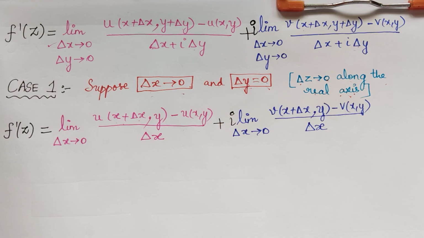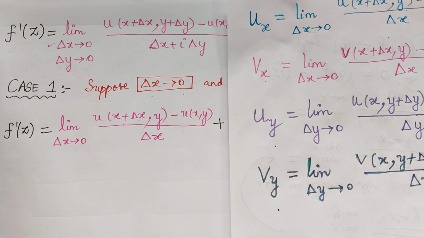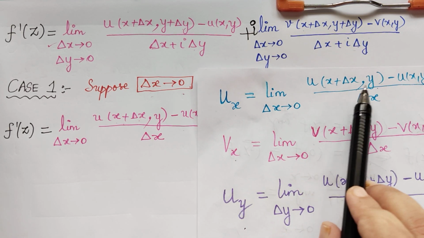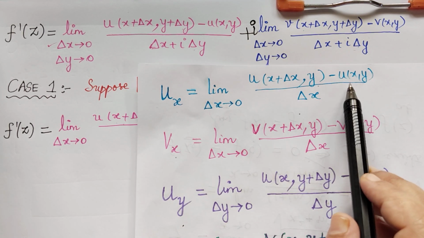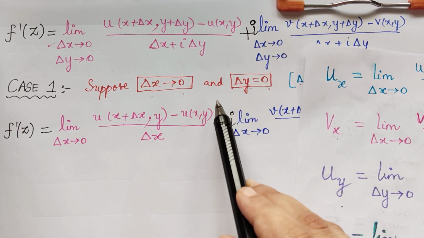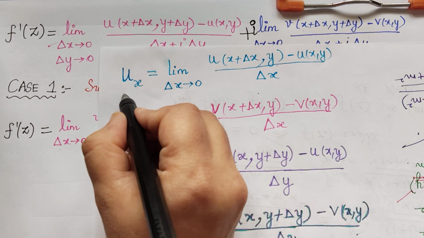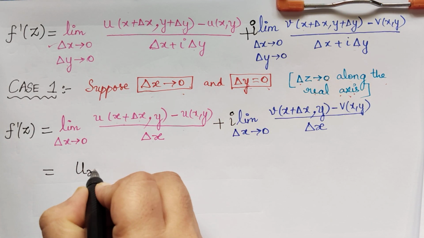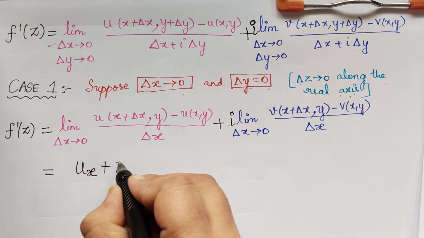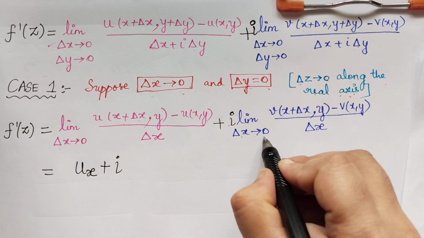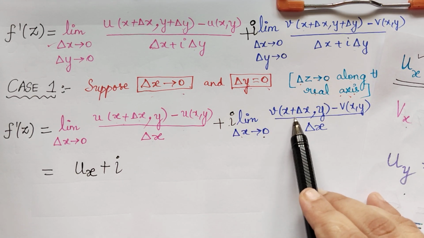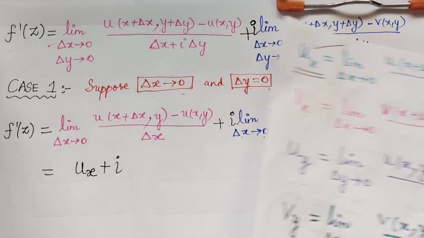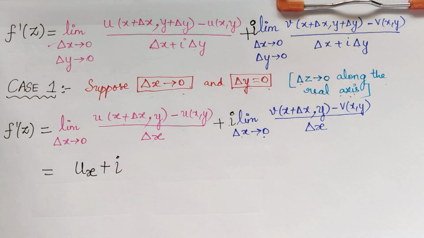But as per the definition of derivatives, what do we know? What is this limit delta x tends to 0, u of x plus delta x comma y minus u of x comma y divided by delta x? That is what we have here, and it is equal to ux. So this can be written as ux plus i multiplied with, what about this limit delta x tends to 0, v of x plus delta x comma y minus v of x comma y divided by delta x?